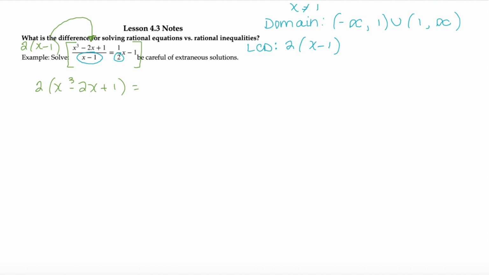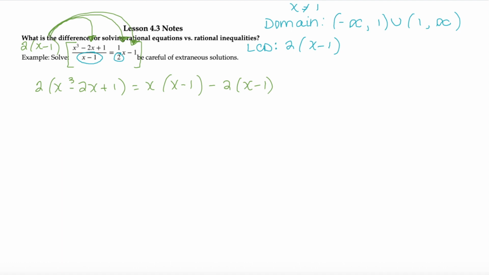Now when I take our least common denominator and multiply it by half x, this time our 2 and our 1/2 will eliminate because 2 times half is 1. And we are left with the lonely x times x minus 1. Finally, when I multiply by the last term, I have negative 1 times 2 times x minus 1. Notice nothing will be eliminated, so negative 2 times x minus 1.